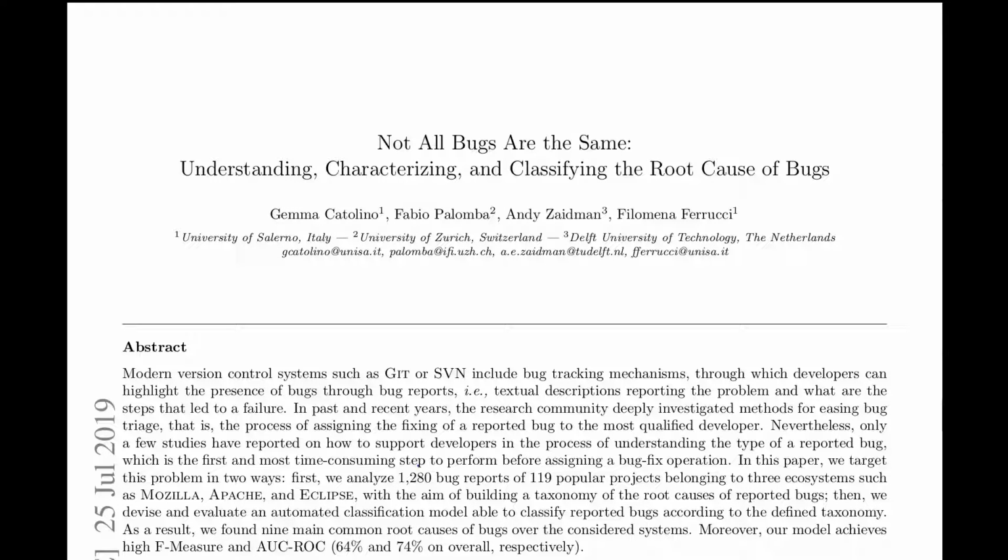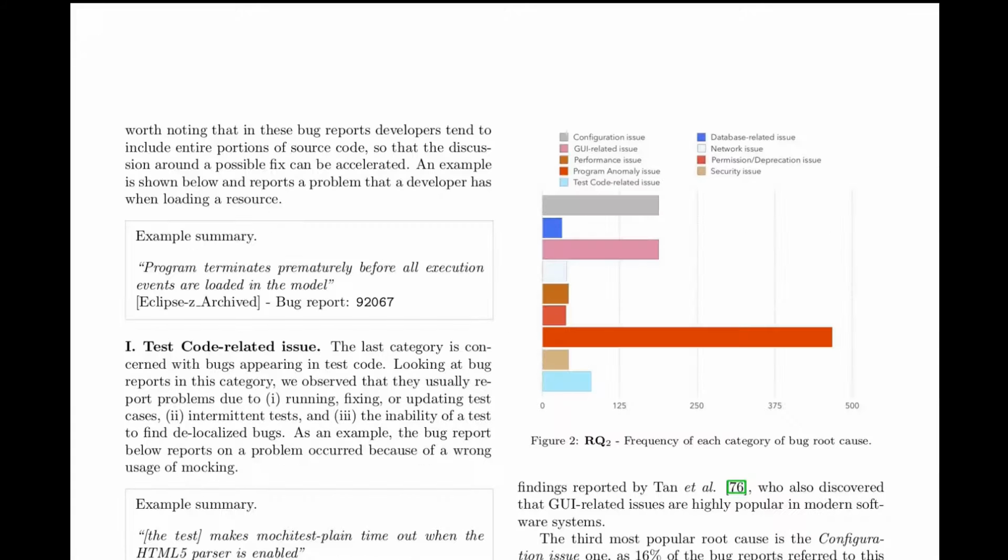A 2019 study by Catolino and co-authors shed some light on bugs that are problematic but not necessarily defects. In their study, the authors surveyed 1,280 bug reports and then split them into 9 different categories. Program anomaly issues, the largest category, describe undesirable program behavior like premature termination.